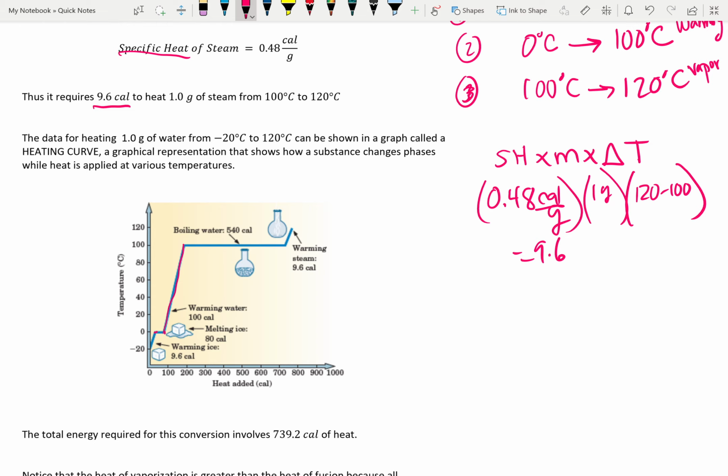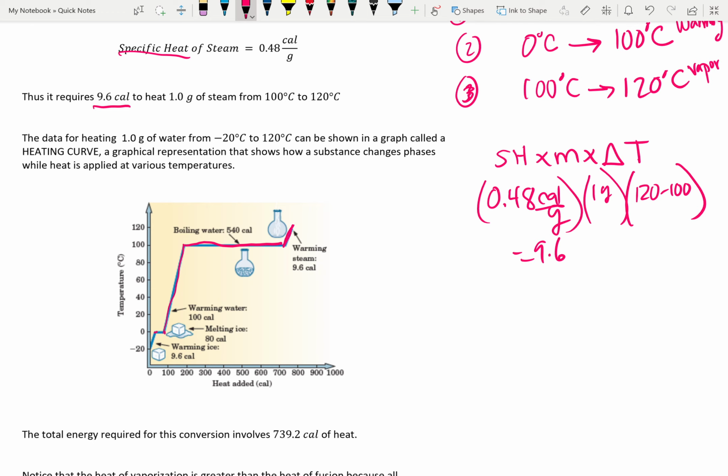And then at 100 degrees Celsius, we keep boiling it, but at this point, our boiling water is changing to steam. So it's changing to steam until all of the water is vaporized. That requires 540 calories. So once everything is steamed completely, then we can heat the steam to a warmer temperature.